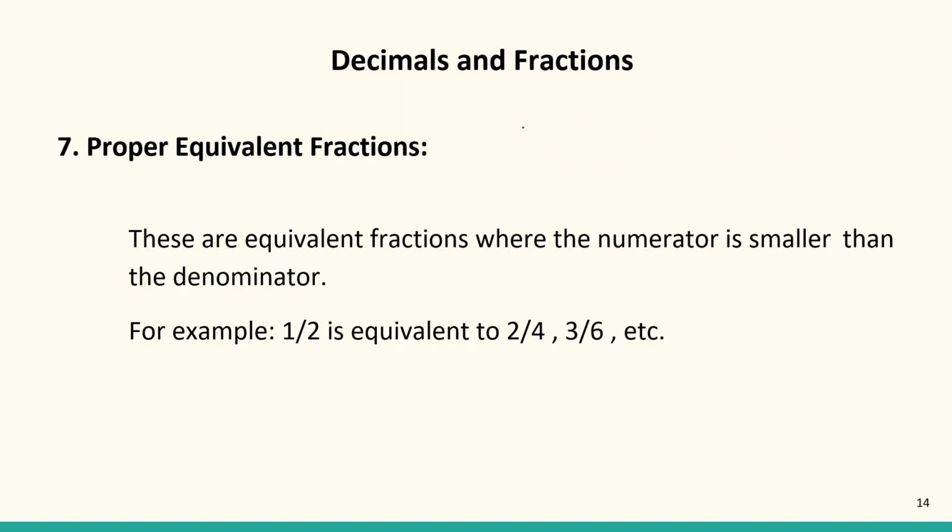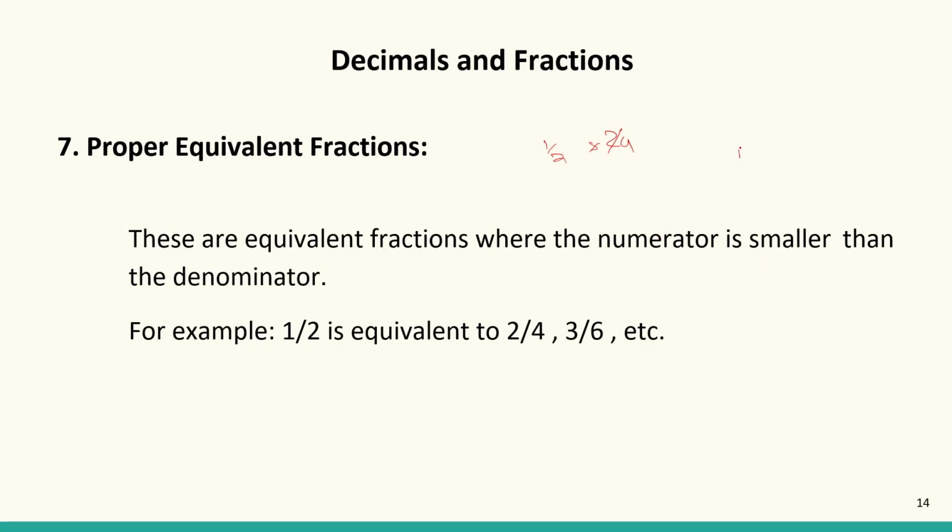Let's see the next kind of fraction, that is proper equivalent fractions. These are equivalent fractions like 1 by 2 and 2 by 4. We have already seen that these two are equivalent because they represent the same amount, where the numerator is smaller than the denominator.